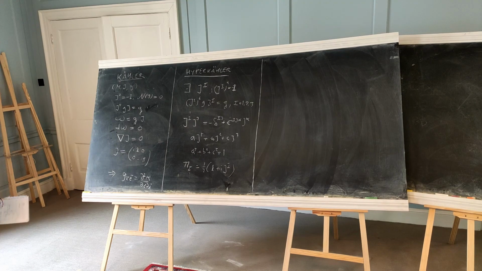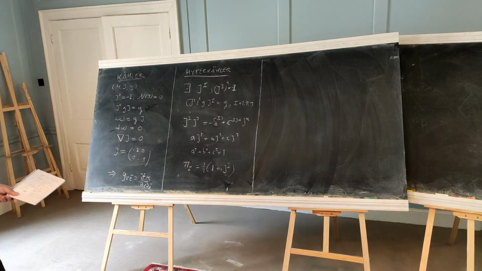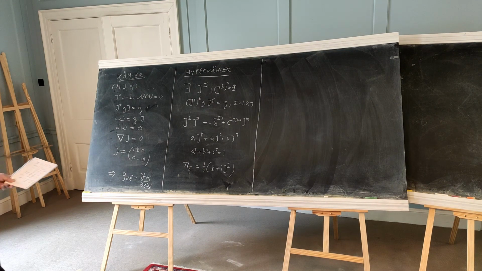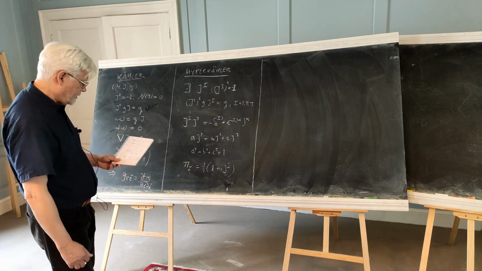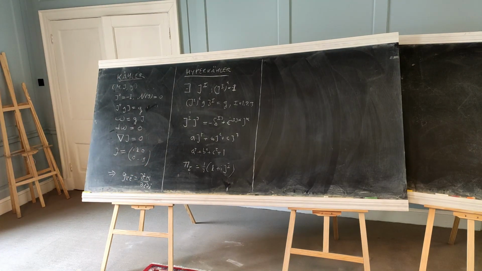I don't think I'm going to use that, so let me just say that the Kähler geometry has a unitary holonomy group, and Calabi-Yau then has a special SU holonomy, and finally Hyperkähler has Sp holonomy, and that's not saying very much.